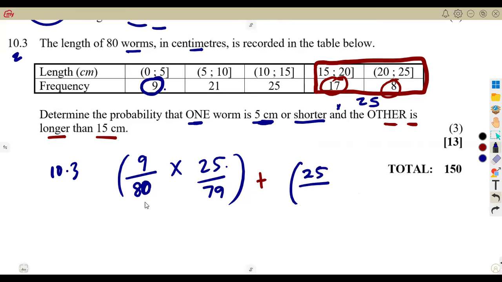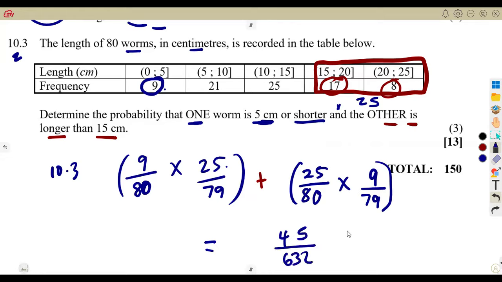It will be 25 out of the total 80 times 9 out of 79. Do you understand? Just multiply by 2, or you interchange like that. That was going to give us the probability, which is 45 out of 632. As a decimal, it approximates to 0.07 to 2 decimal places.